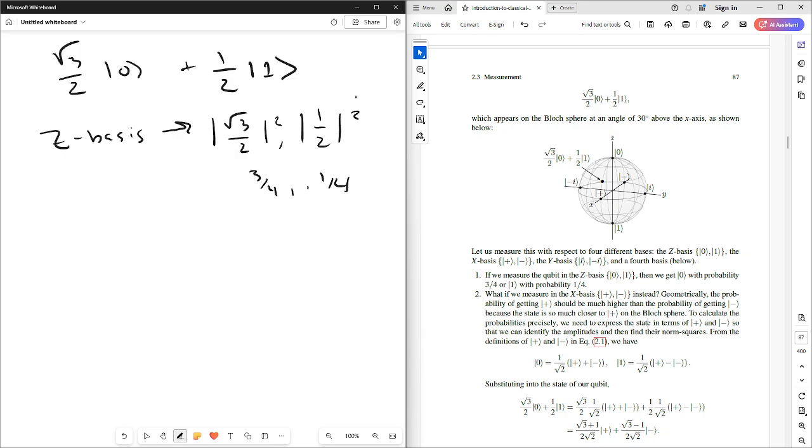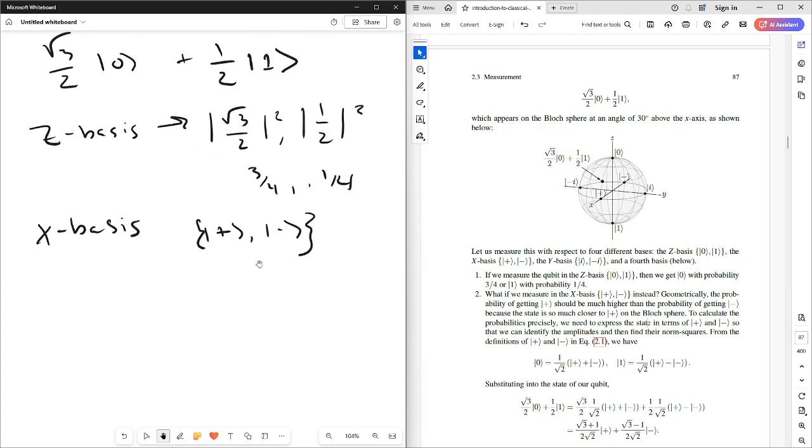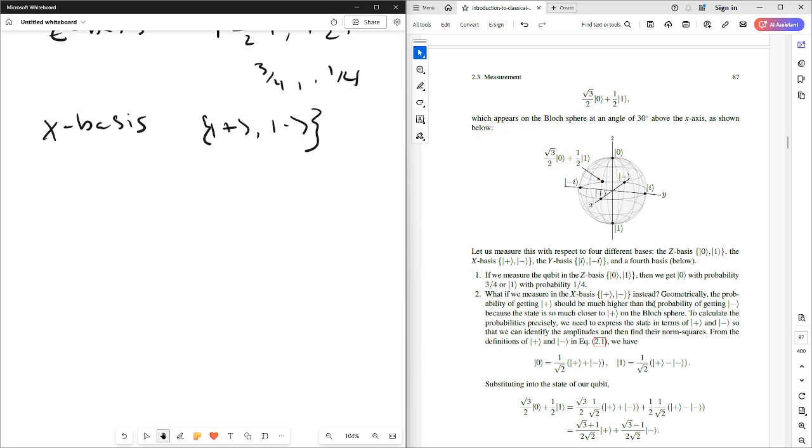But what if we wanted to know the Bloch sphere probabilities in terms of different bases? So let's say we want to measure it in the X basis, which is, as we just mentioned, plus and minus. That requires a little bit more work.